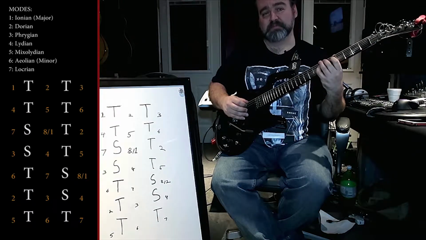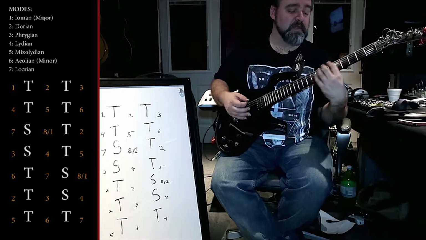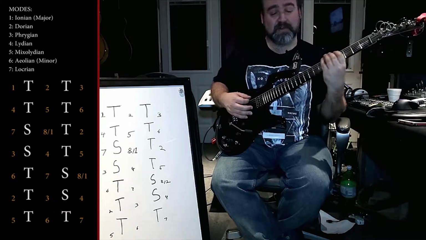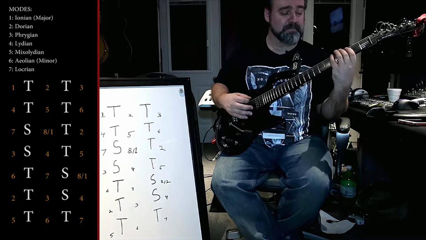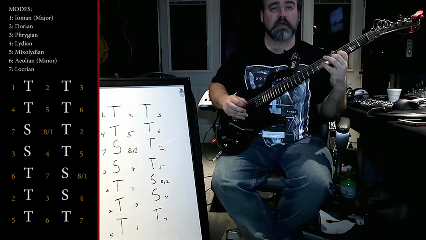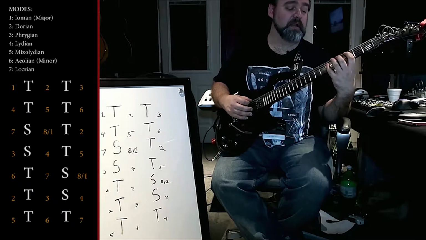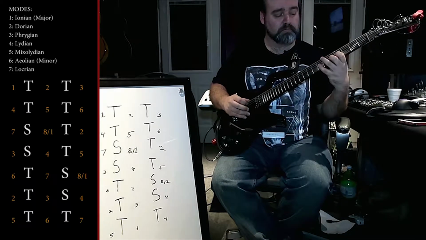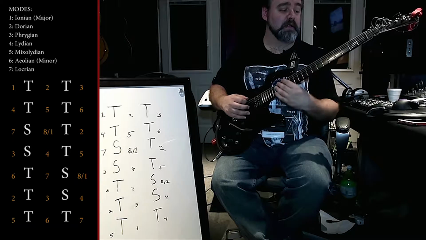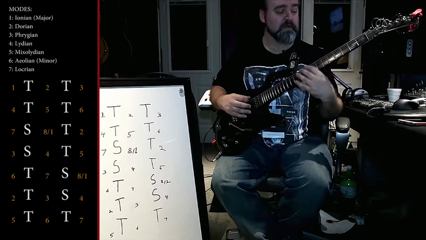It's called Dorian. The third mode, starting on the third note of the major scale and ending on the third, is called your Phrygian. Then the next one, the fourth, is Lydian. Next one is Mixolydian, the fifth, which is an important one.